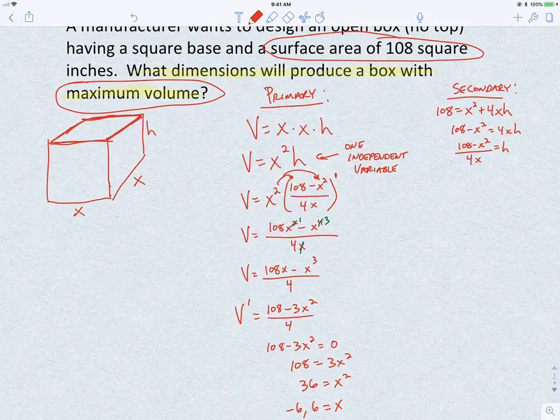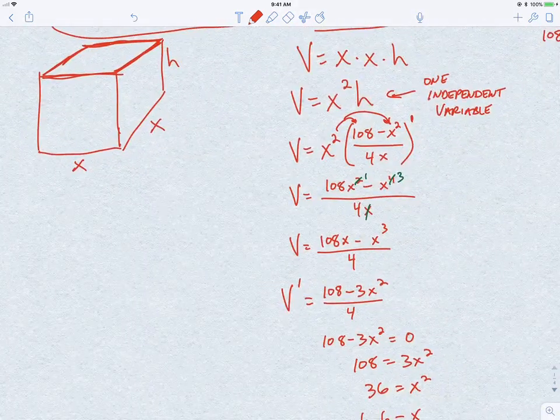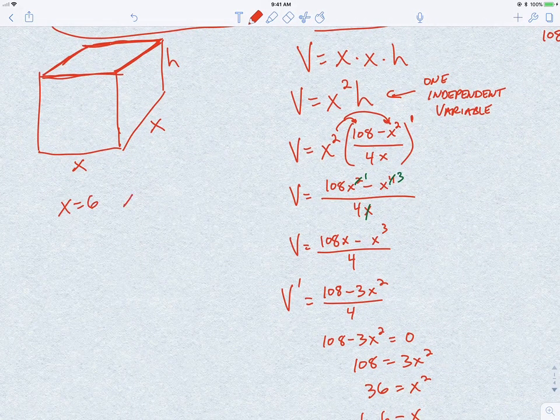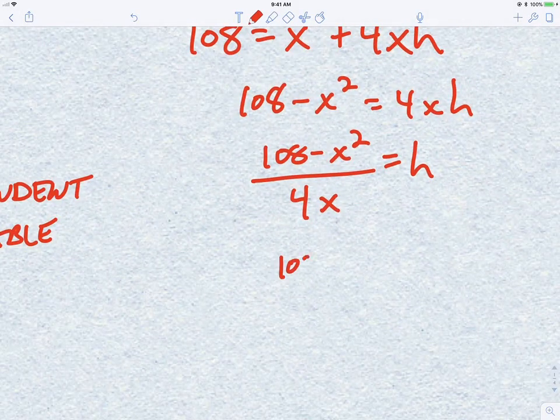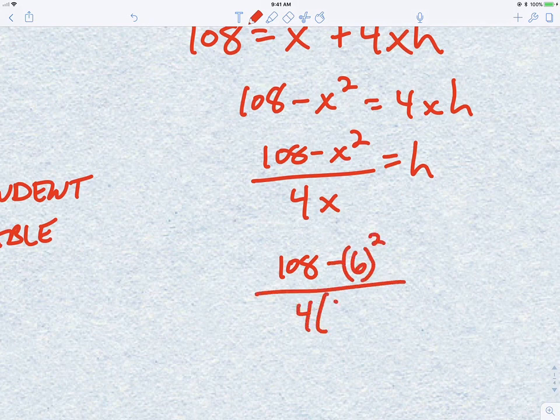So did I answer the question? They want the dimensions. So if x is 6, the other dimension is 6, how do I find h? Well, you can go back to your secondary equation over here. 108 minus 6 squared over 4 times 6. Let's see what that works out to be.